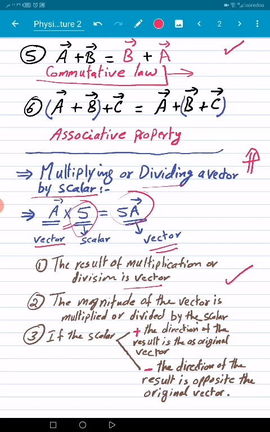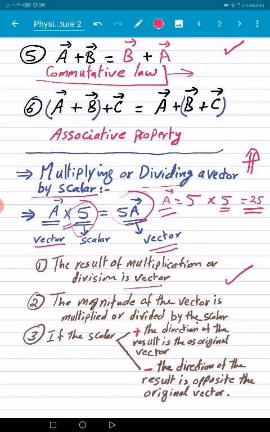For example, factor A has magnitude 5. Multiplied by 5 as a scalar, it is equal to 25, with a new factor, maybe not A, C, or any resulting factor. So 25 with the same direction as the original factor.